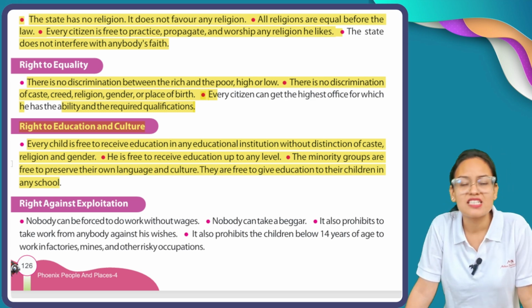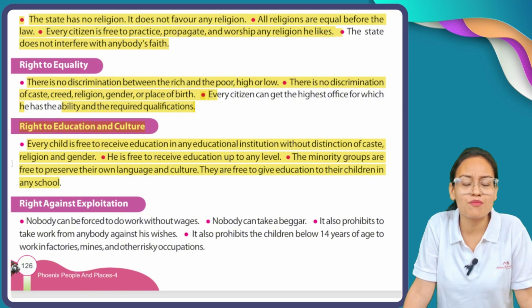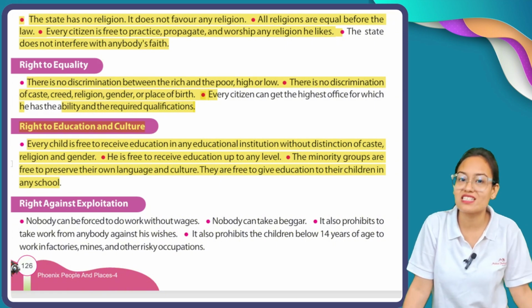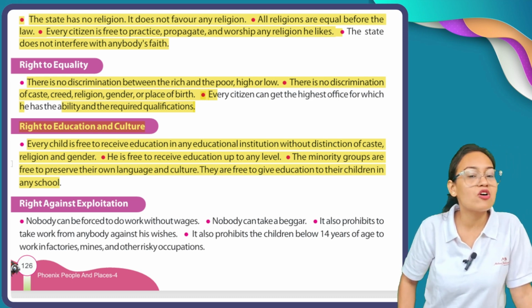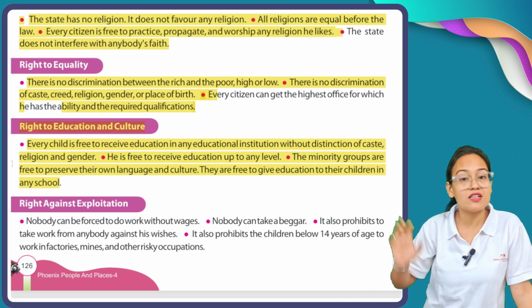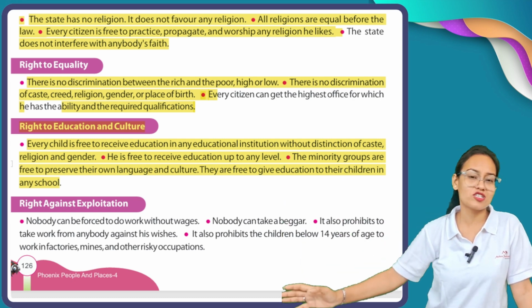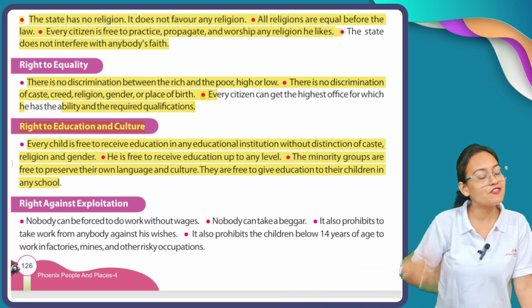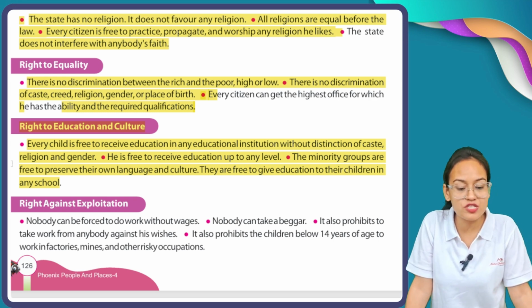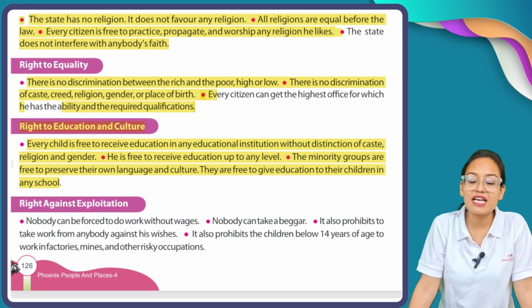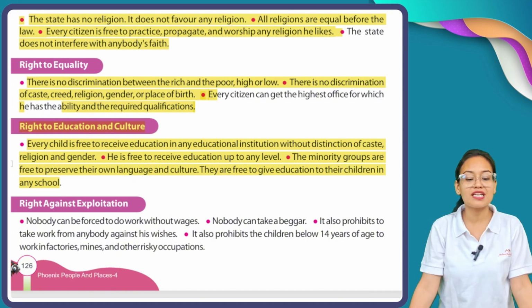You can see a 70-year or 80-year-old man or woman qualify the class 10th examination. This is a perfect example of the right to education because there is no age barrier, no caste barrier, and no religious barrier in receiving your education. The minority groups are free to preserve their own language and culture. They are free to give education to their children in any school.